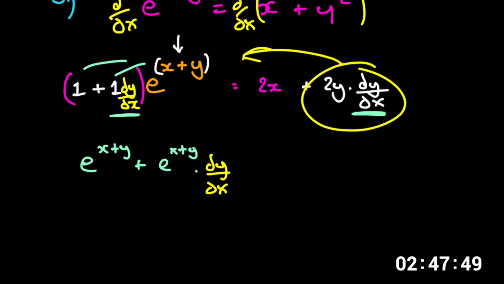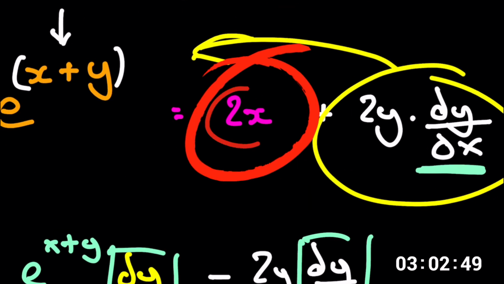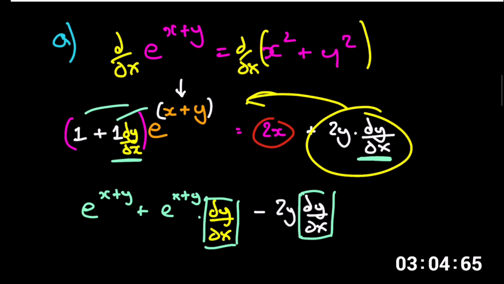So we get minus 2y dy by dx, and those two dy by dx terms I will need to factorize in a moment. The 2x remains here, and in the next line I'm going to move this e to the x plus y to the right.